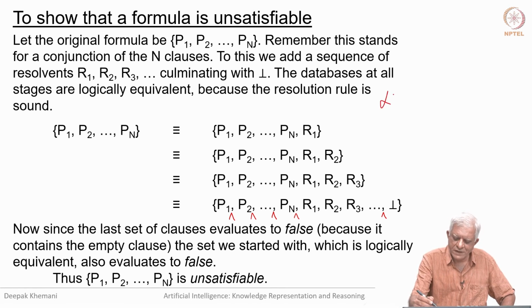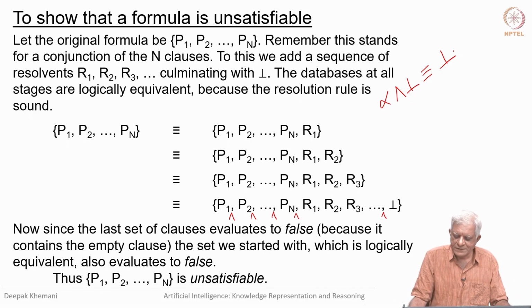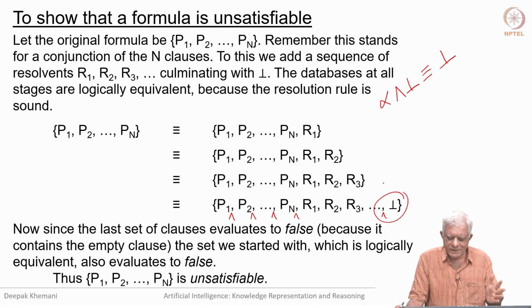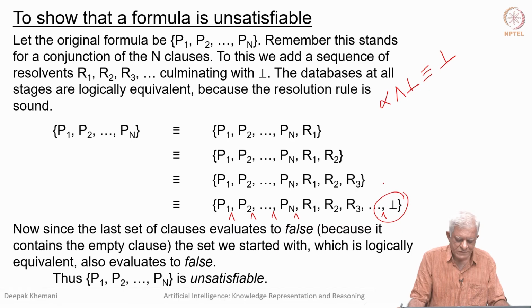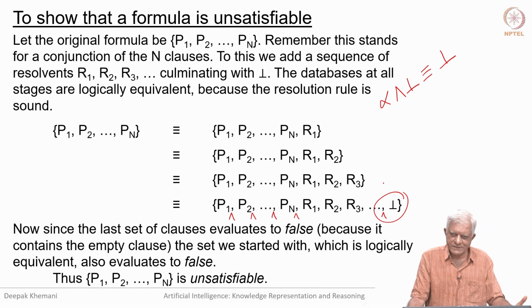So, if you draw the truth table for alpha and false, you can show that this is false, because false by definition is false. So, the value of alpha does not affect this. So, if you can add the null clause to your set, then you have shown that the original set, which is P 1 up to P n, must be unsatisfiable essentially.